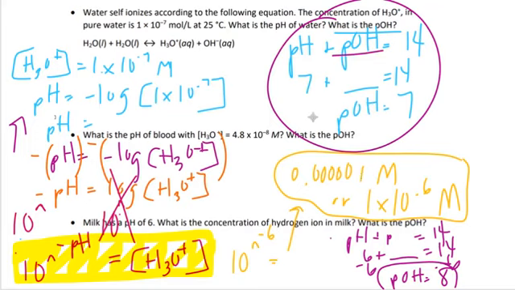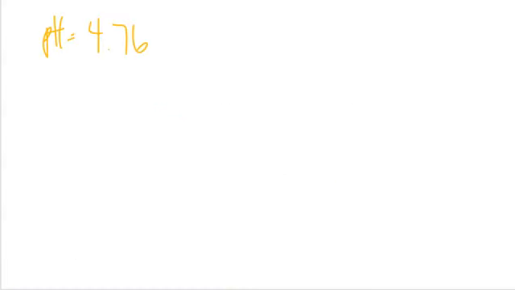Now let's do another example. What if I had a pH of 4.76? We worked out that the concentration of H3O plus would be equal to 10 to the power of the negative pH.